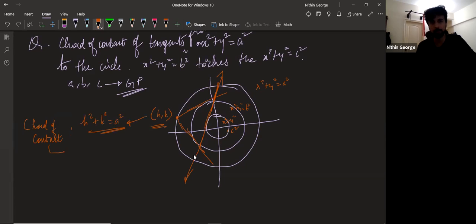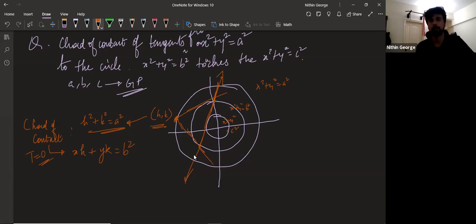Now the chord of contact will be xh plus yk equal to b square. With respect to the point h comma k and the circle x square plus y square equal to b square, the chord of contact will be like this, T equal to 0. Remember that.